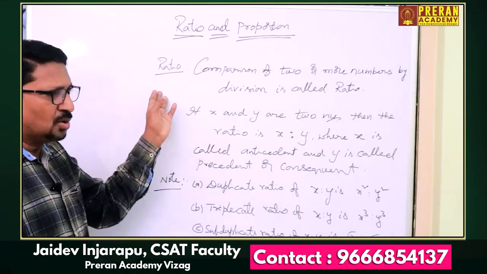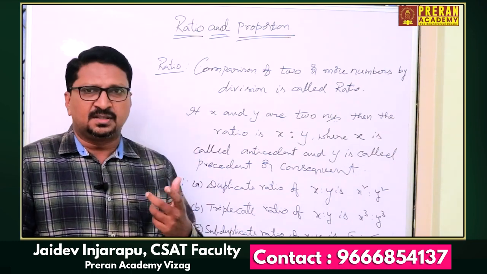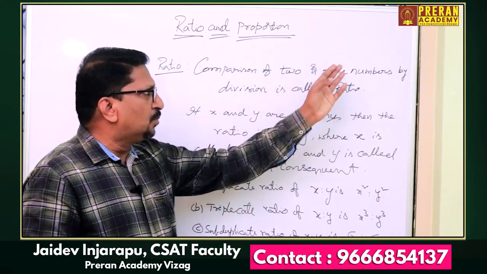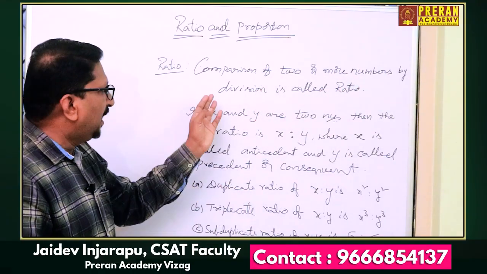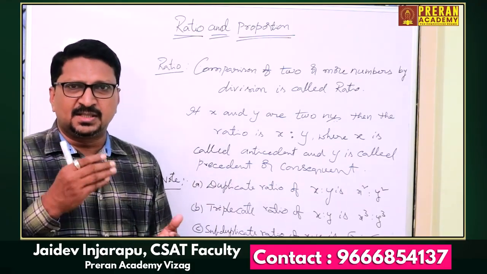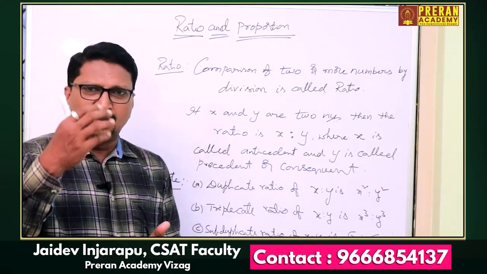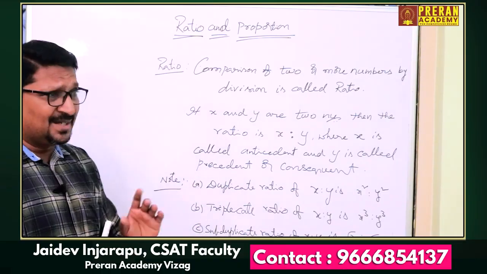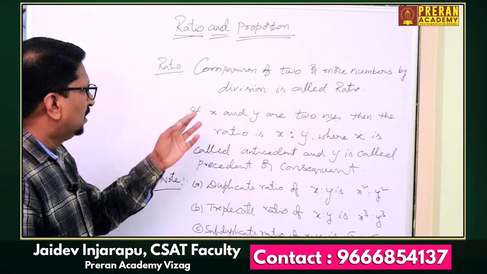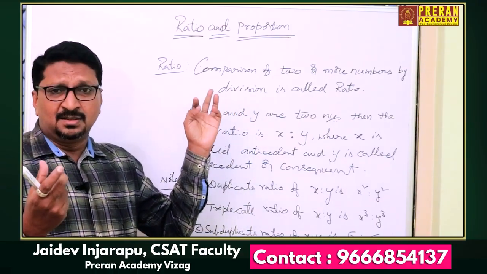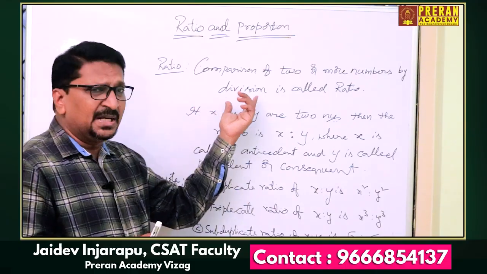Now guys, the definition of ratio is comparison of two or more numbers by division. You take any numbers, whether it is 2 or 3 or 4 numbers, I don't mind. But you have to compare in such a way that you utilize division, which is one of the mathematical operations.